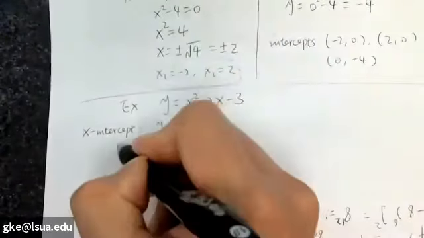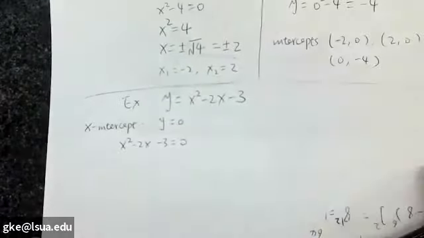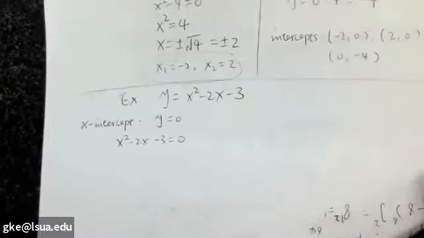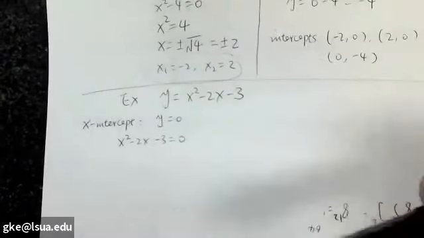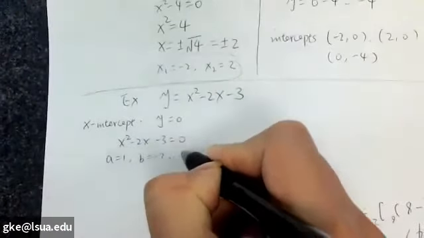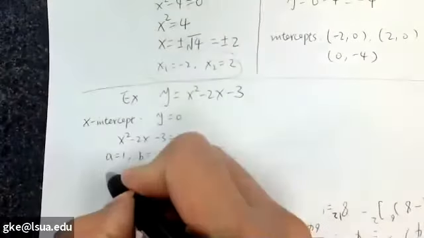That means this expression equals 0. How to solve this? Quadratic formula, right? I think everybody should know it because we just finished our test 1. A, B, C. Now follow 3 steps.